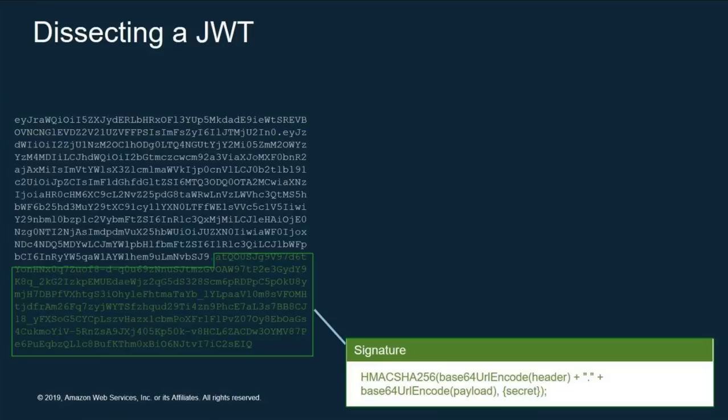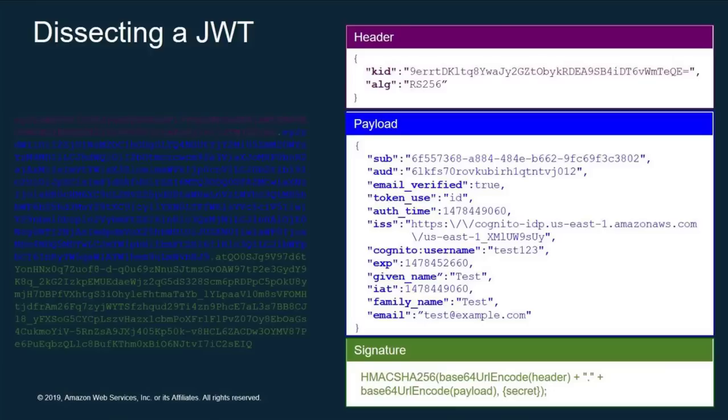This is where the identity provider is going to take that payload. It's going to sign that payload using the key that was specified in the initial header, and it's going to attach that signature as the third stanza of the JWT. By verifying that signature, you, the recipient of the JWT, know that the payload came from the identity provider and hasn't been altered. Right? So you put it all together, and those three stanzas make up the JWT.